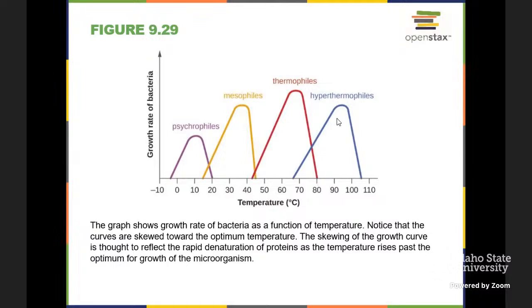The hyperthermophiles like it even hotter. These are things we're thinking like the last image down at the bottom of the ocean, above boiling temperatures, and still potentials, right?